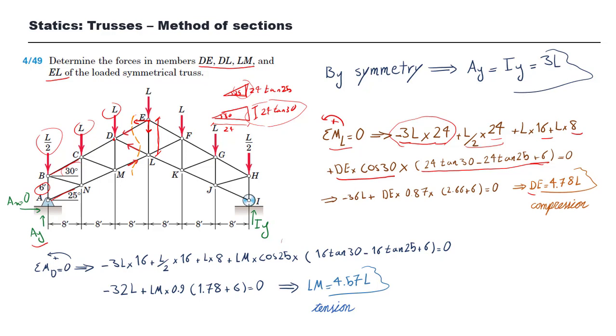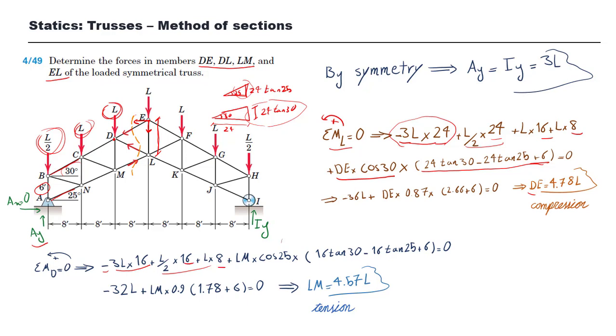Similar to the previous equation, we have the support reaction 3L, and again it's negative since it's causing clockwise moment about point D. And this time we have two forces, because this point is D, and this external force doesn't cause moment about point D, so we have just two external forces, this force and this force, which are causing moment about point D, and the distances between them are also 16 and 8.